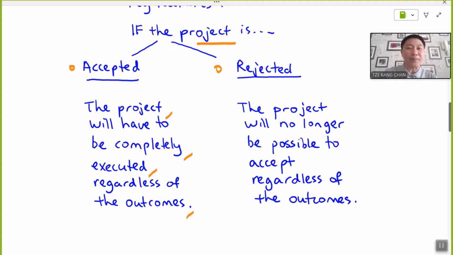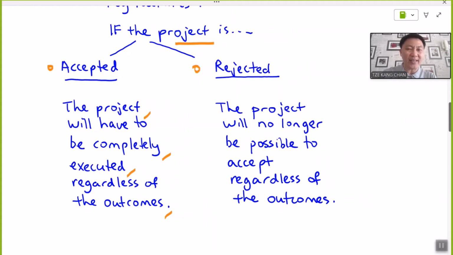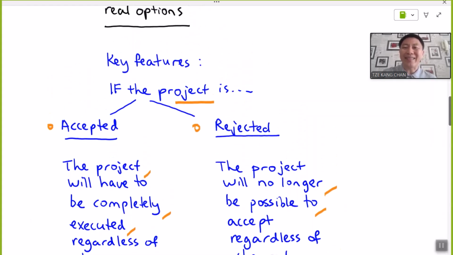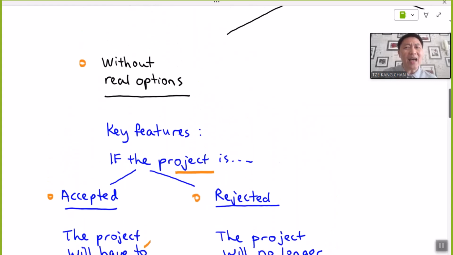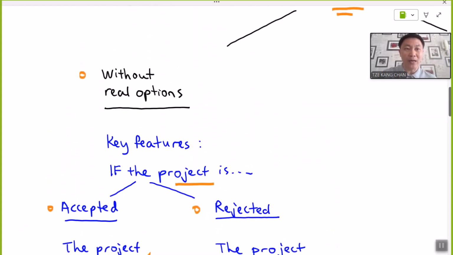At the beginning, if the project is rejected, probably due to a less viable net present value, then this project will no longer be possible to be accepted subsequently, regardless of the outcome. Even though it may turn out to be positive, it is too late to turn back and accept this project. So these kinds of projects are somewhat less flexible because they come without real options.